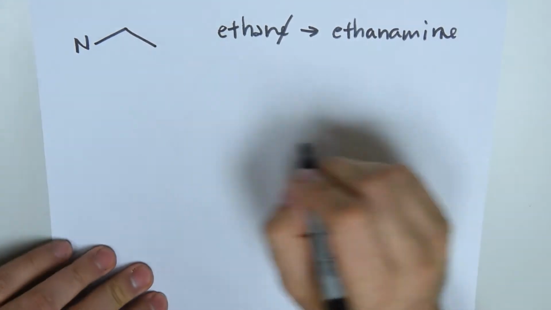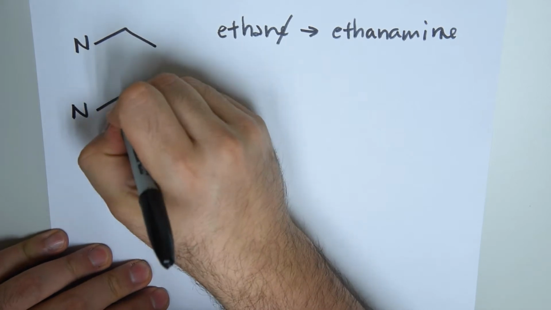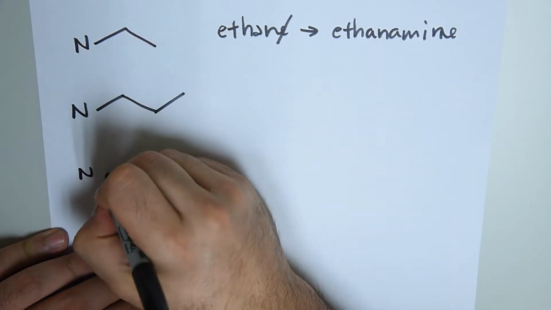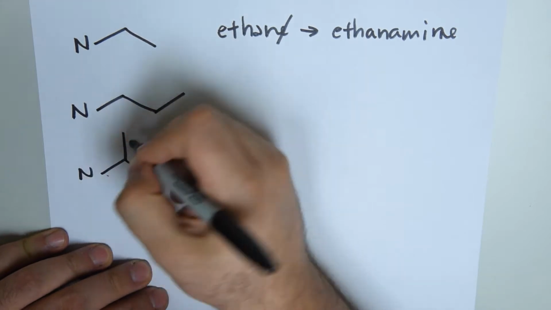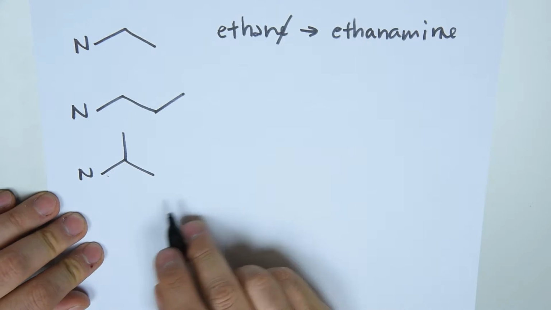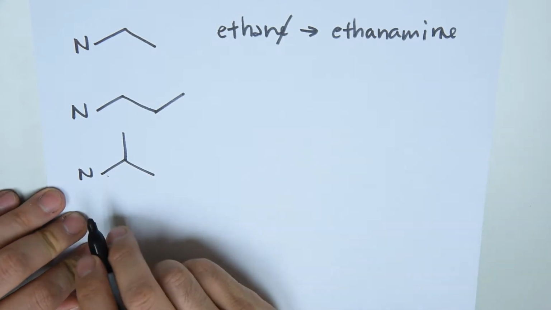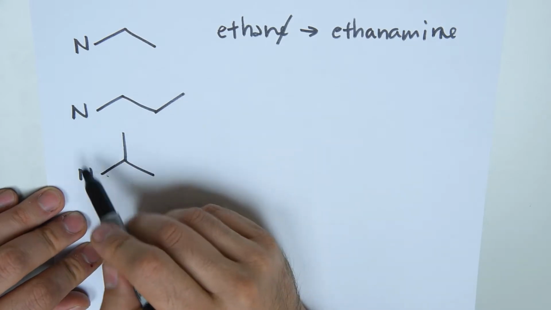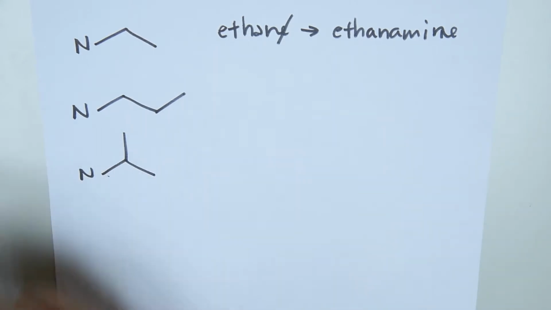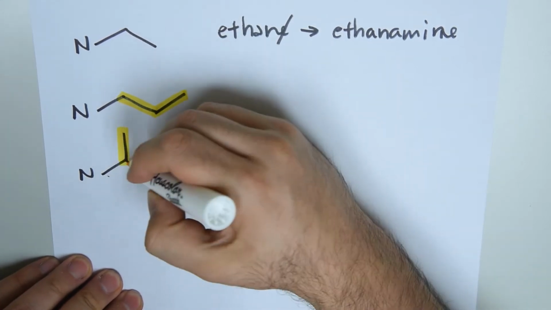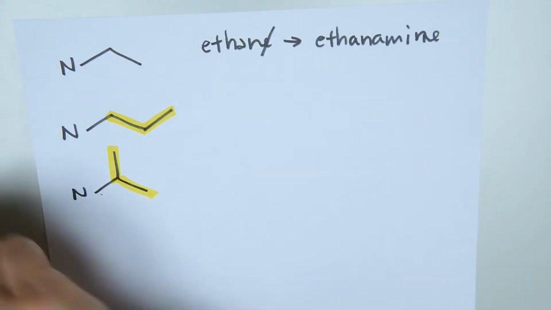Okay? Now, let's do another shape. 1, 2, 3. And another shape. 1, 2, 3. So here, both of them have 3 carbons attached to the amino group. However, this is a structural isomer. It has the same functional group, but the naming should be different because the nitrogen atom is attached at a different location on the chain.